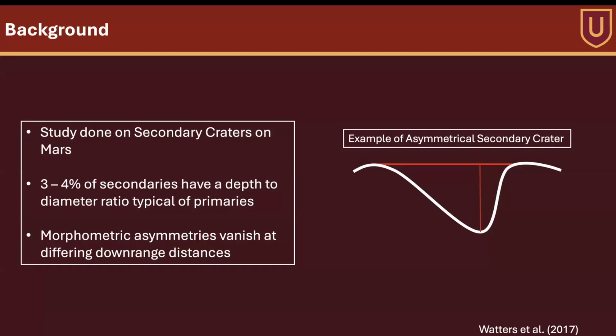On the moon versus Mars, we might not see as much of those because of the difference in gravity. There's not enough time for the secondary craters to reach hypervelocity and look exactly like primary craters, but we're keeping this in mind for when we get to this point.